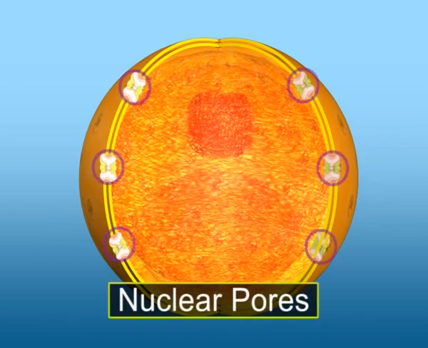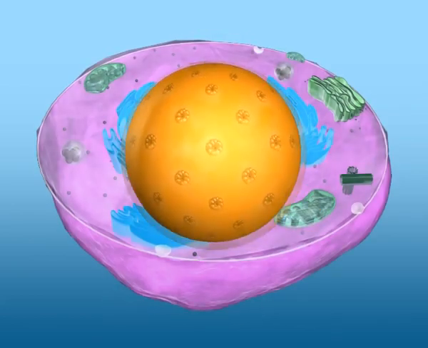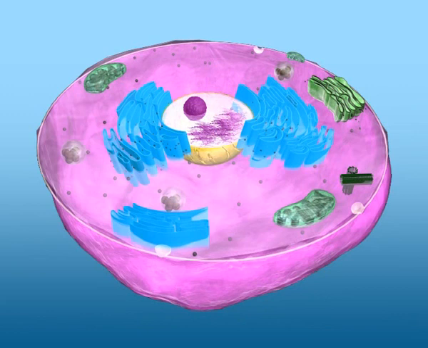Nuclear pores. These are the pores present in the nuclear membrane. These nuclear pores are the passages through which movement of RNA and protein molecules takes place in both directions between the nucleus and the cytoplasm.